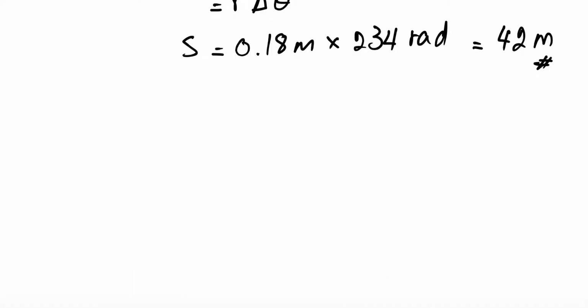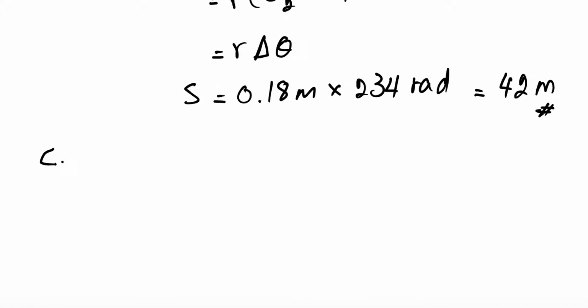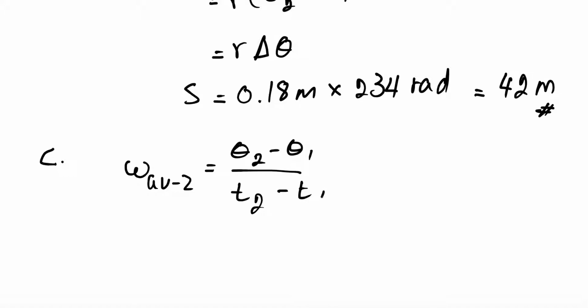So question C. What did they ask? It said find the average angular velocity in radian per second and revolution per minute. This is simple. We're going to use the formula of the angular velocity. Omega av-z equals theta 2 minus theta 1 over t2 minus t1.